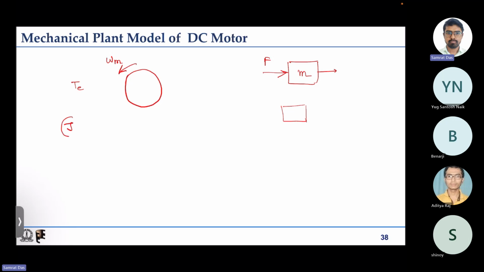So that is represented by J. If a body is quite big, then its J will also be very big. That means we need to apply larger torque to make the speed change. Any change of speed is represented by d omega dt, the rate of change of speed.